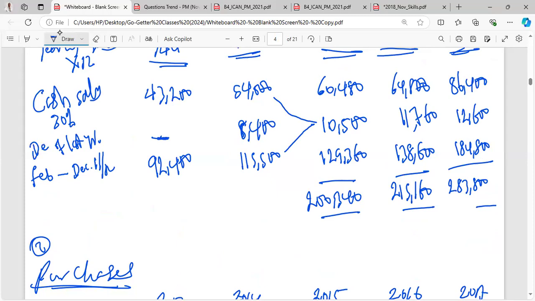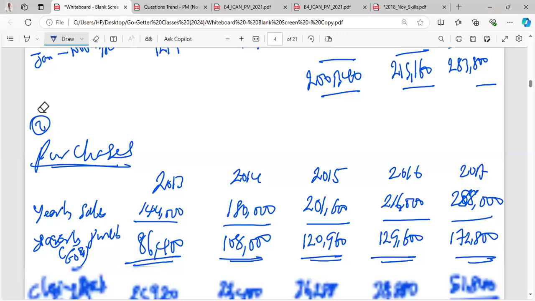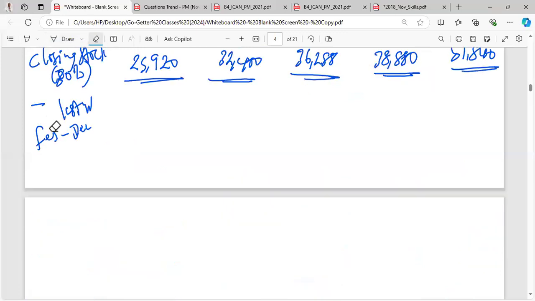So here should be January to November this year. So it means that December of this year will enter the other year. So the same thing here. So this is December last year. Is January to November.